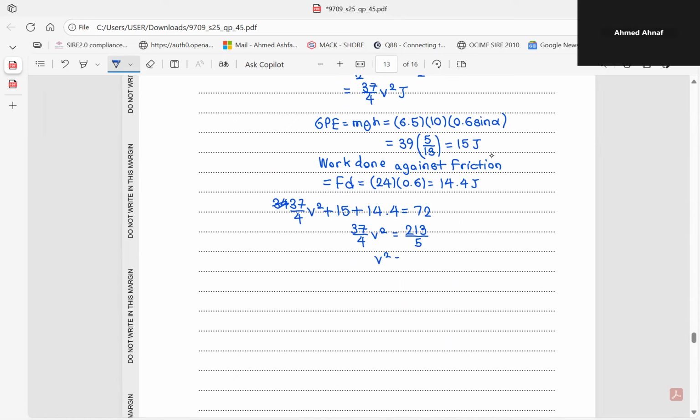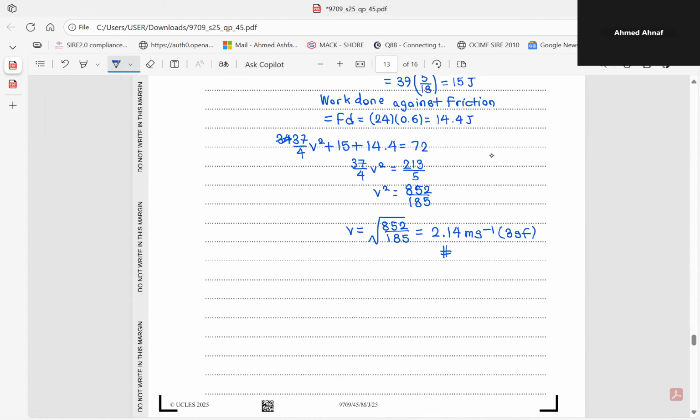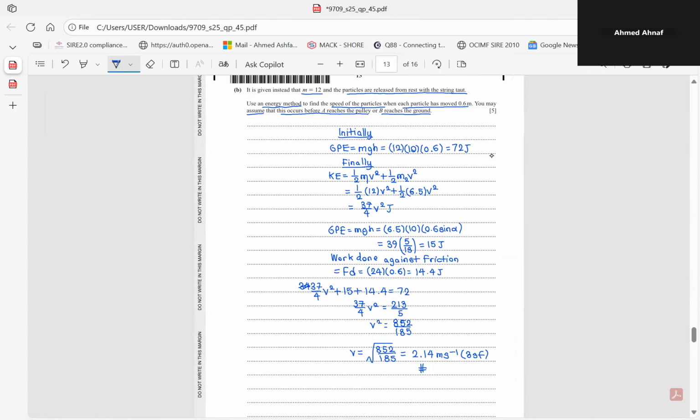And for v squared, just divide both sides by 37 over 4. You will get 852 over 185. Then take the square root of both sides, and you get the square root of 852 over 185, which equals 2.14 meters per second to 3 s.f. So this is our final answer for this final part, as well as the entire question.